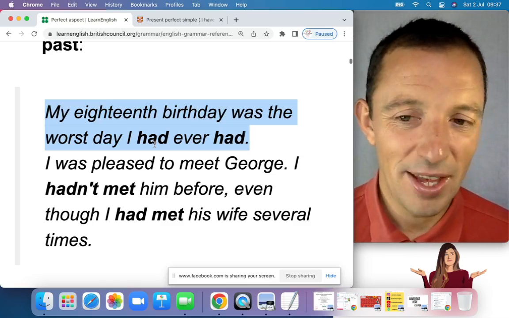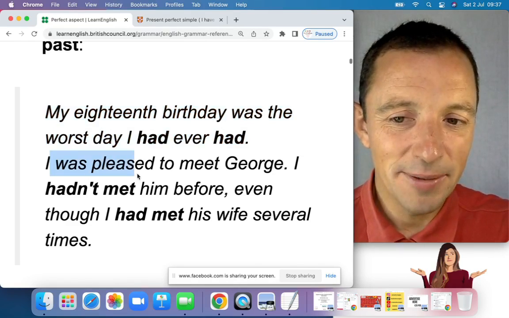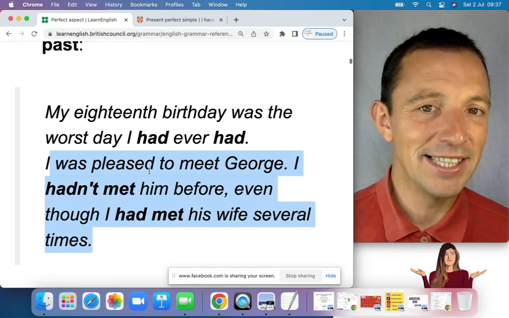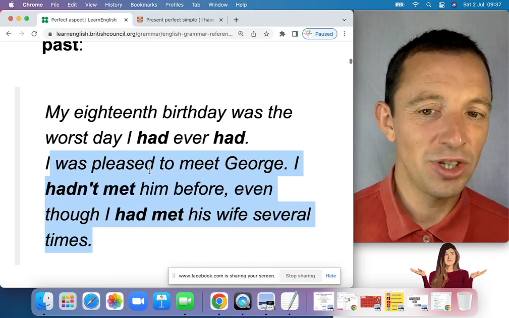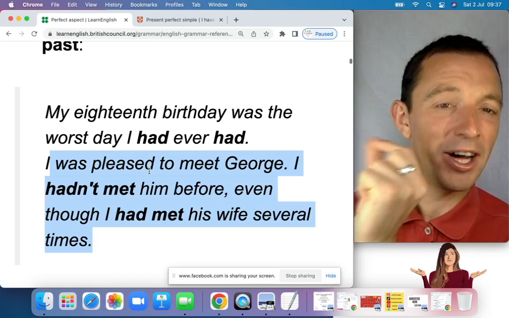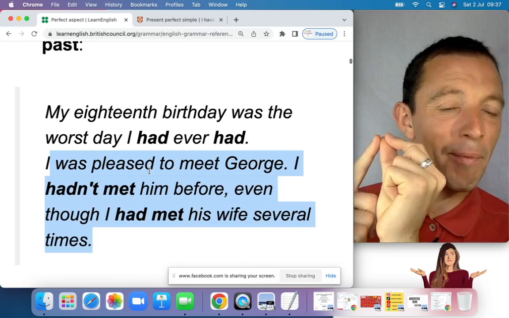Okay, next. I was pleased, I was happy, I was delighted, I was glad to meet George. And that is the past moment, past perspective. I was happy to meet George. I was pleased to meet George. I had never met him before.